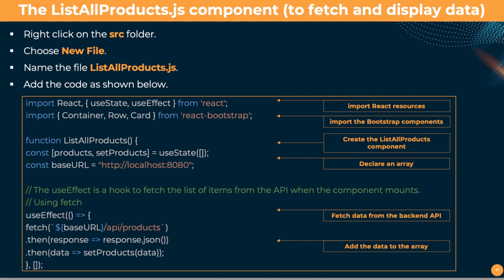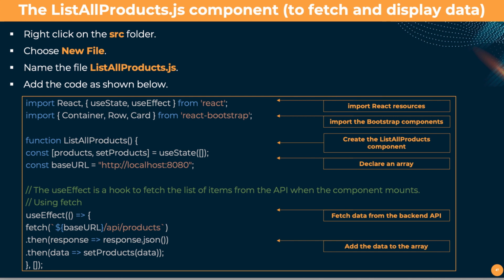So the first thing we do in it, we set up a products constant, which is an array. And we use state, and that means that we can use the set products to set the products array. So we have a setter essentially, and we're saying the products is an array.